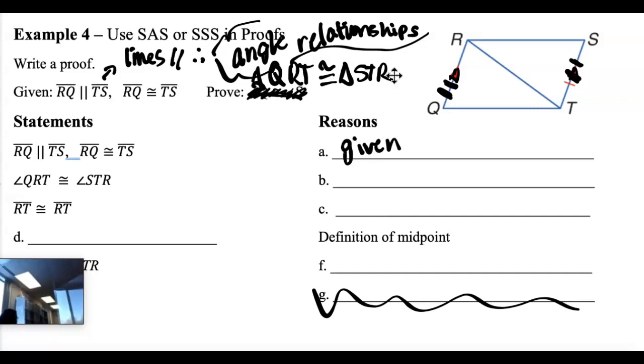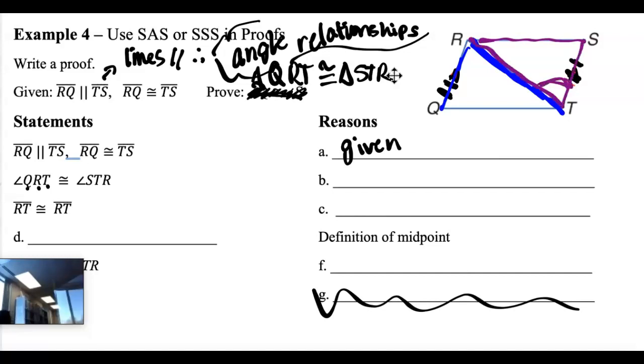This is given. They tell us that angle QRT, so let's figure out where that is, that's this angle here. They say that that angle is going to be the same as angle STR, sorry, I did that wrong.